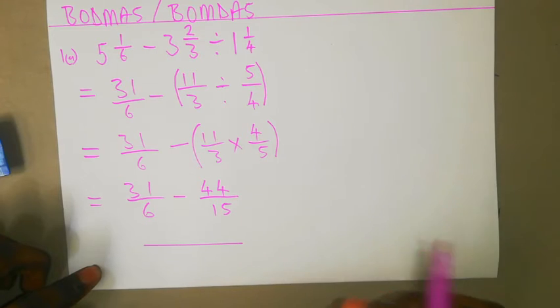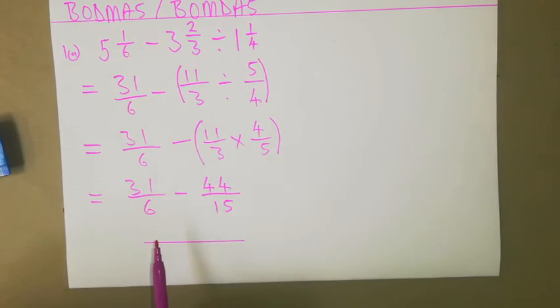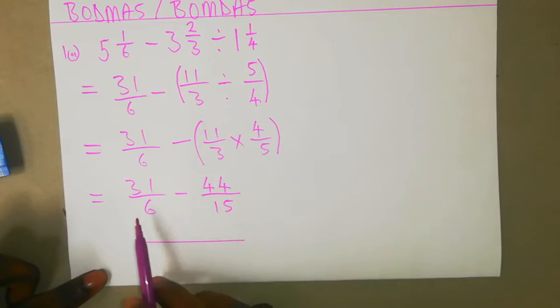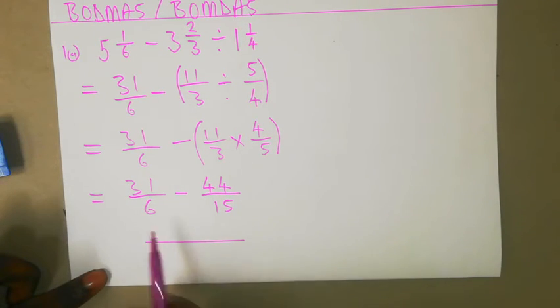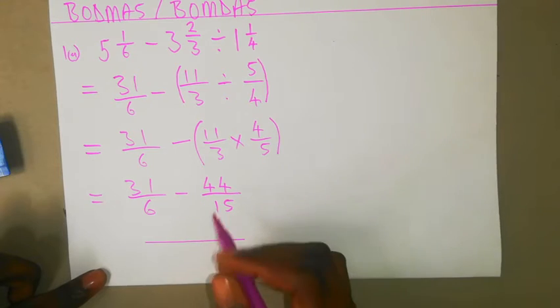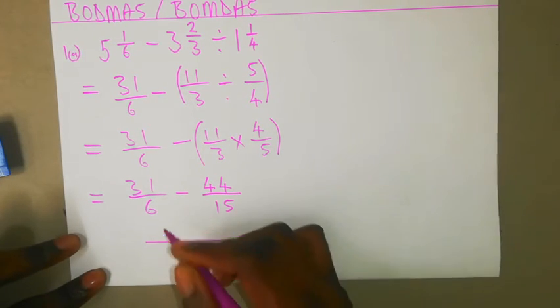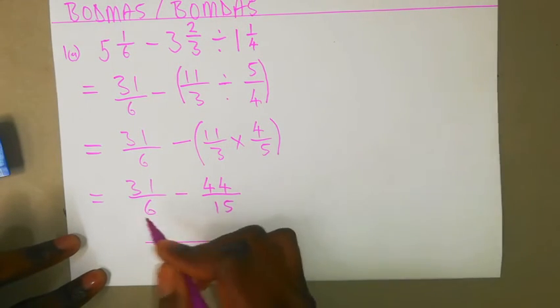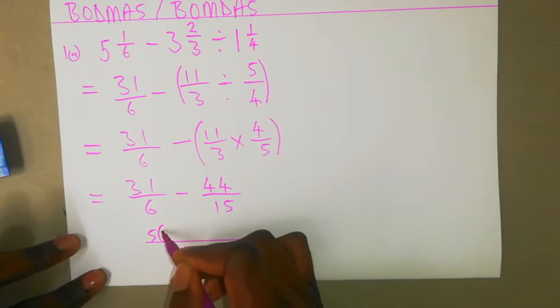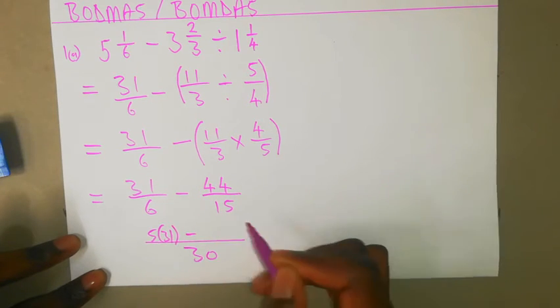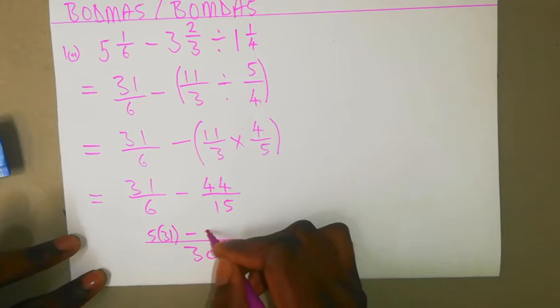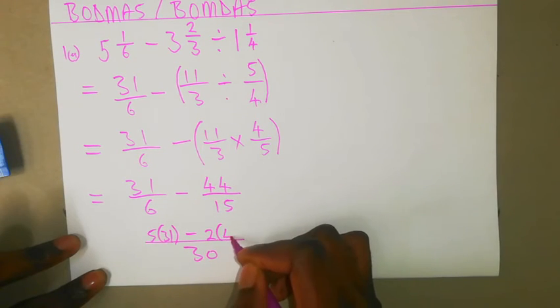I'll obtain what? A larger number. Instead, I'll have to know the lowest common number that can be divided by 6 and 15. In this case, is what? Is 30. 6 into 30, that's 5. So 5 is going to multiply this 31 minus 15 into 30, that's 2. So 2 is going to multiply this 44.